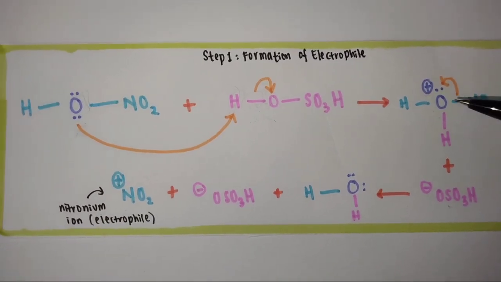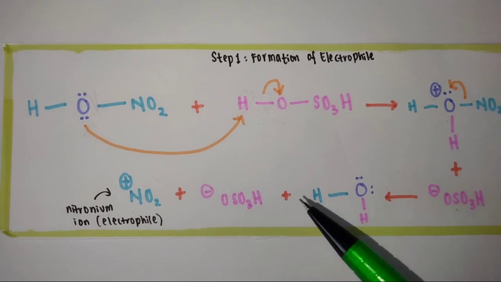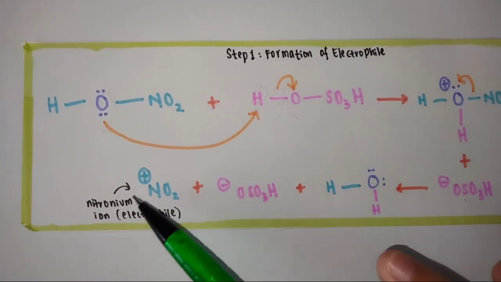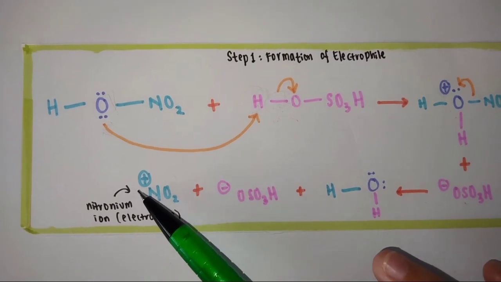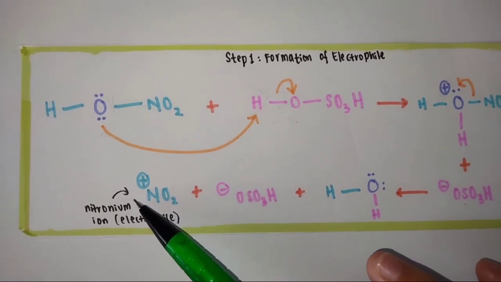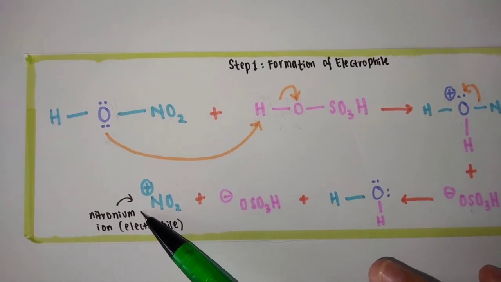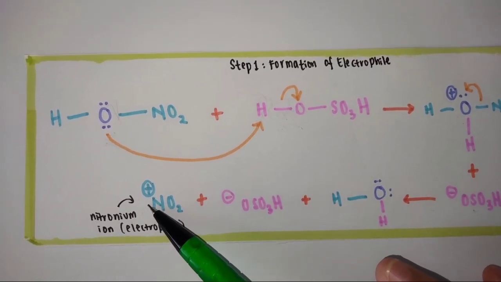Then the protonation step forms the nitronium ion and the bisulfate ion. This nitronium ion is an electrophile which is responsible for the electrophilic aromatic substitution reaction with nitrobenzene later.